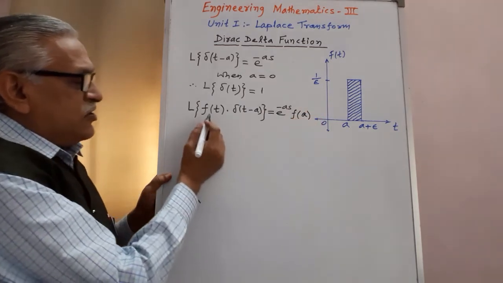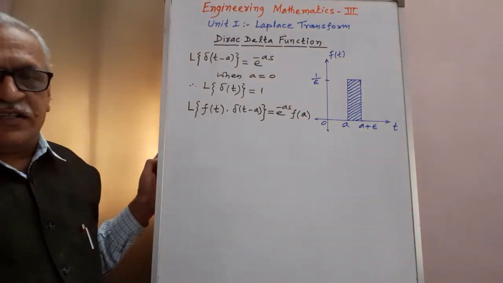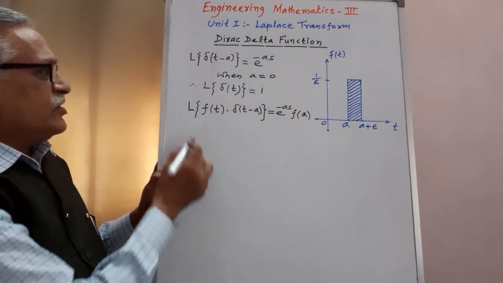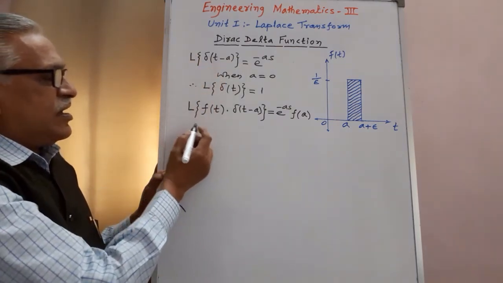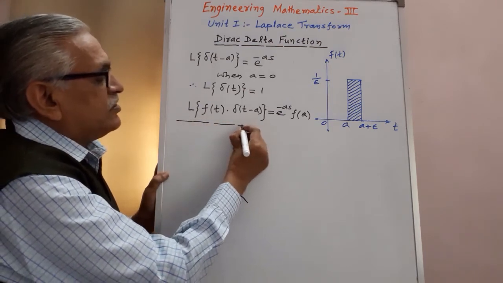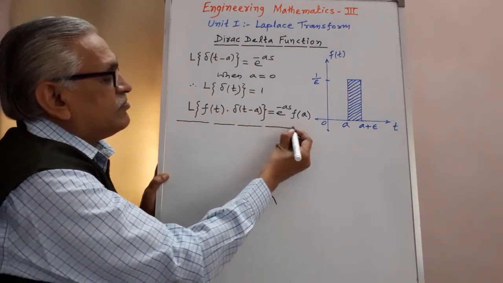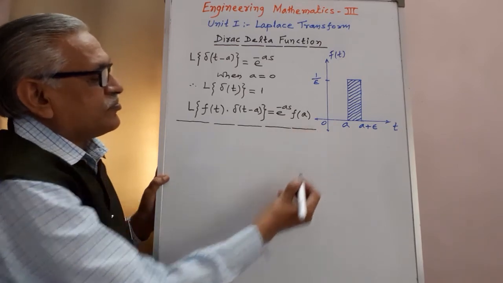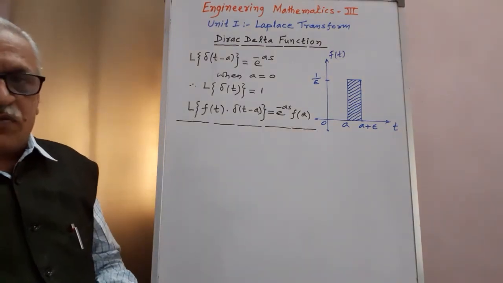F of a means the value of that function at t equals a. Therefore, these are the important results from this Dirac-Delta function. Then we try to solve some problems.